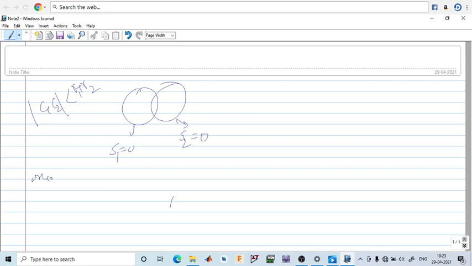Suppose S and S dash, where S is defined as x square plus y square plus 2gx plus 2fy plus c equals 0, and S dash is x square plus y square plus 2g2x plus 2f2y plus c2 equals 0.